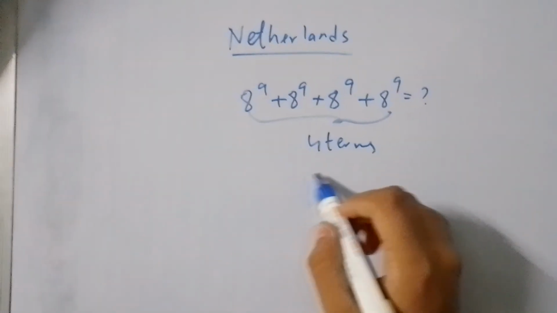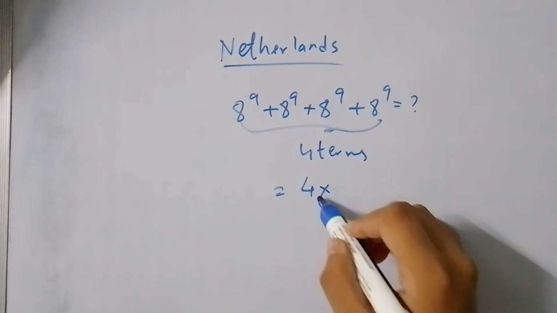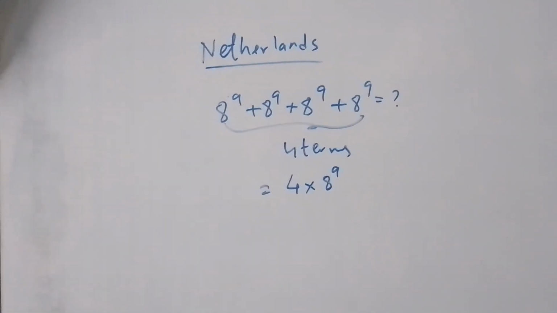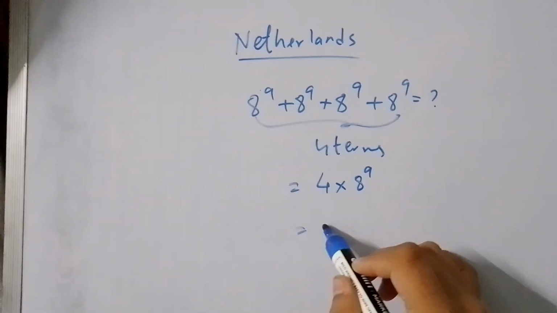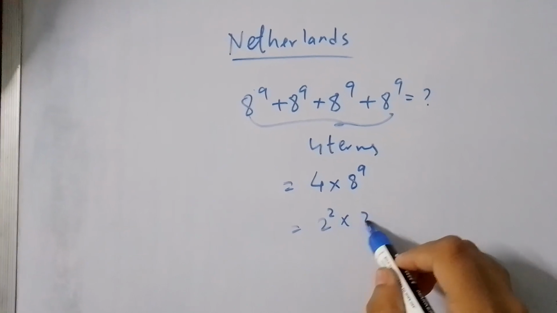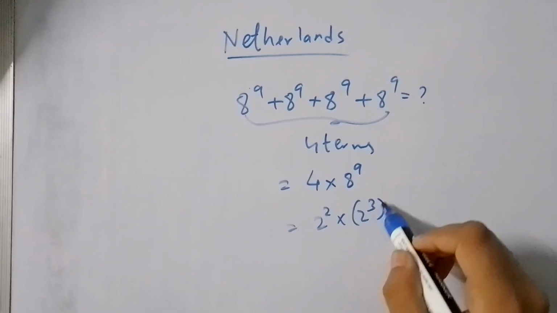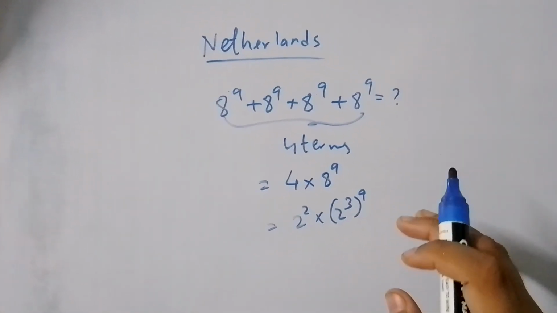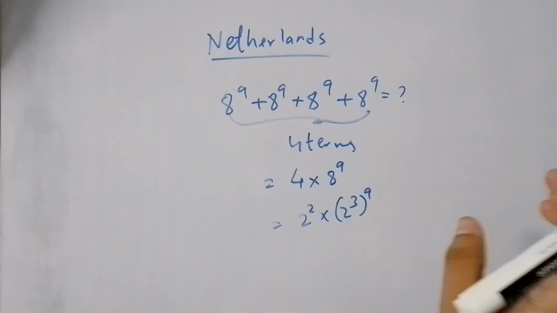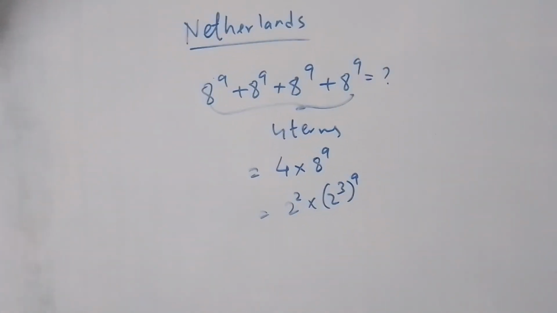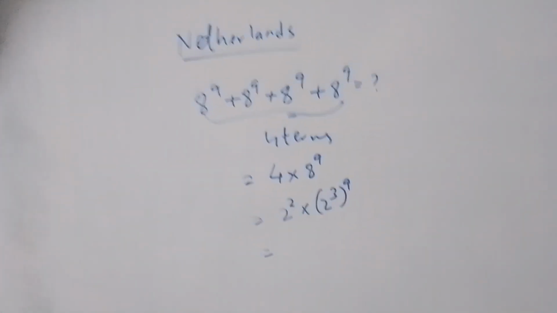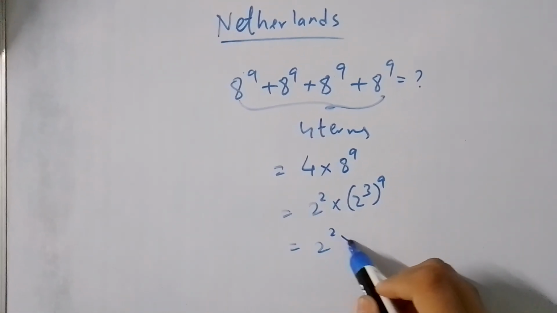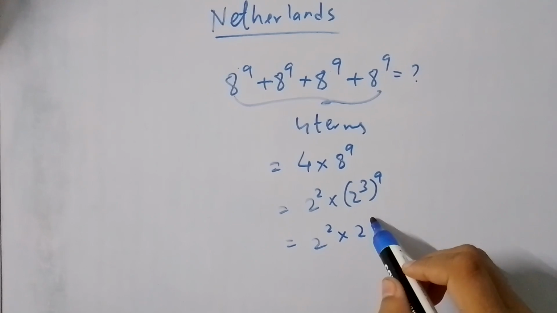right? So we can write simply 4 multiplied with 8 to the power 9. And what is 4? It's basically 2 square, and what is 8? It's 2 cube to the power 9. So basically we have made the base the same in the whole expression, right? Now we can do 2 to the power 2 multiplied with 2 to the power 27.